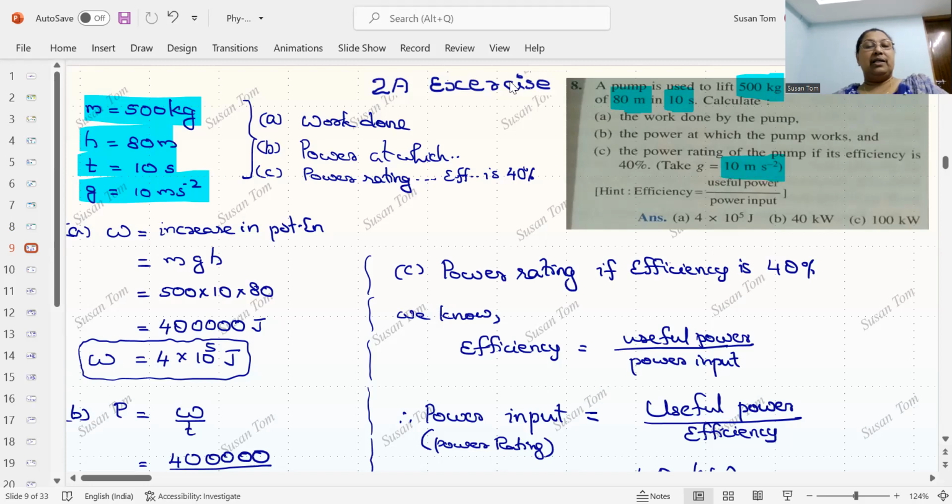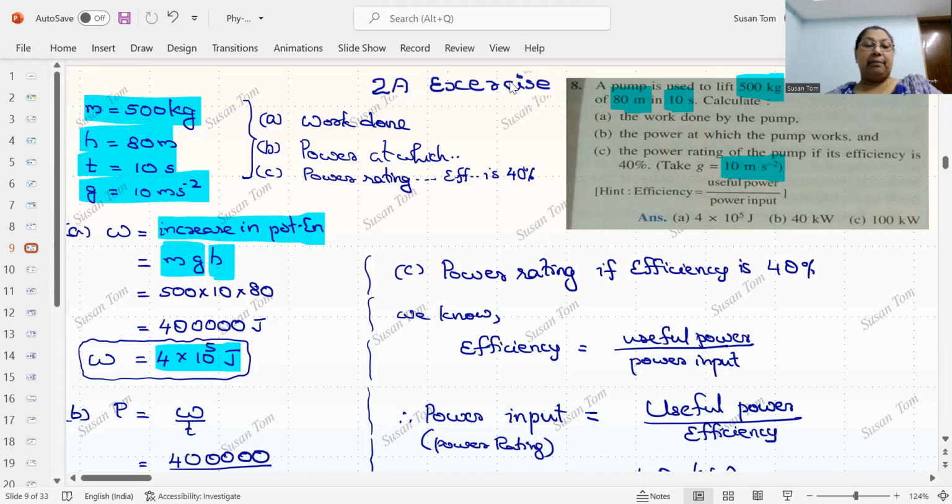So take that. Work done is equal to increase in potential energy. Either you can write increase in potential energy, or you can write F into S. F is the mg, the weight, into H, the displacement. Any one of these equations you can use. On applying, you will get 4 lakh joules, 4 into 10 raised to 5 joules.